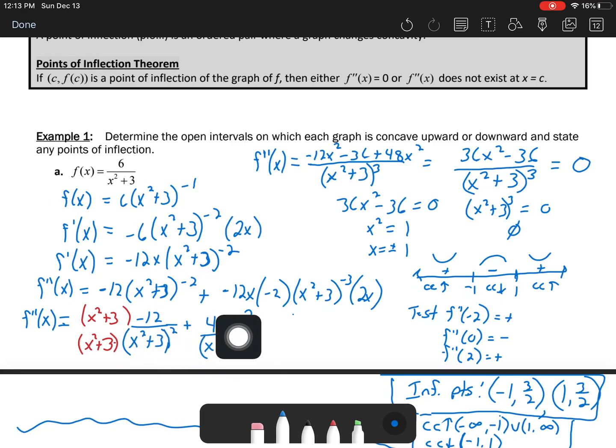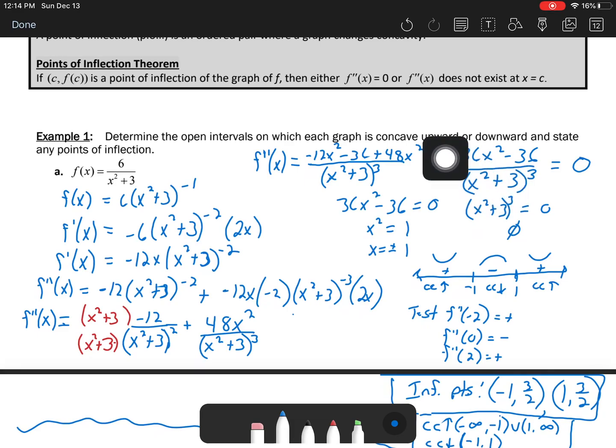And so when I put that together with the plus 48x squared, that's what I've got up here. And now it's x squared plus 3 to the third power in the bottom. And I can combine the -12x squared and the plus 48x squared, and get 36x squared minus that 36. All right, so now I've got it as simplified a second derivative as I can get it.